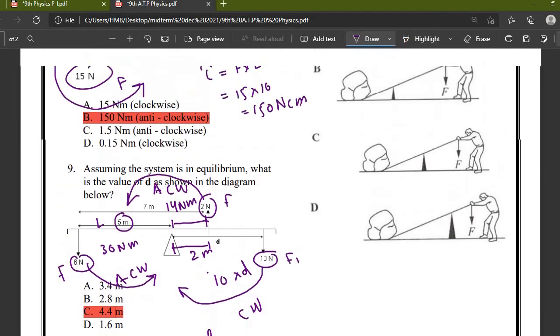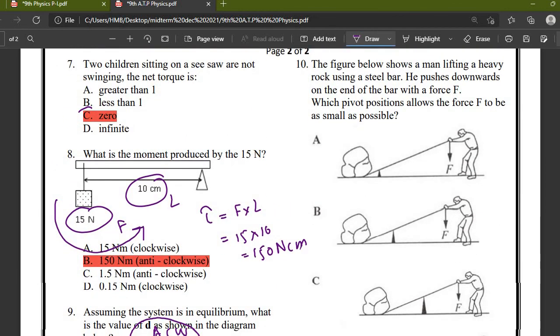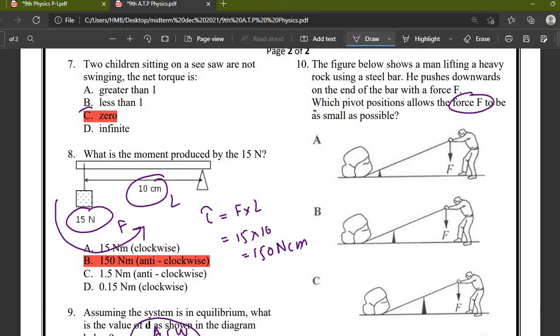Now let's see the last question of this paper. The figure shows a man lifting a heavy rock with a steel bar. He pushes downward on the end of the bar with a force F. Which pivot position will allow the force to be as small as possible? Less force will be applied to move this rock if L is large.